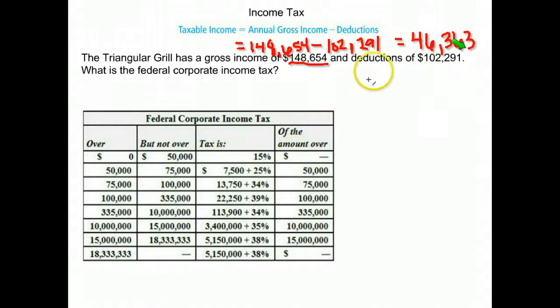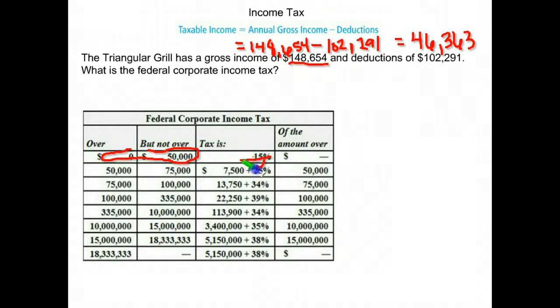Okay, so that's all they can be taxed on. So then we go to the chart and find where we're at. Well, we are in this range right here. $46,000 is between $0 and $50,000. How much is owed? The tax, it says, is 15%. There's no additional. It's just 15%. So we just need to find 15% of 46,363.